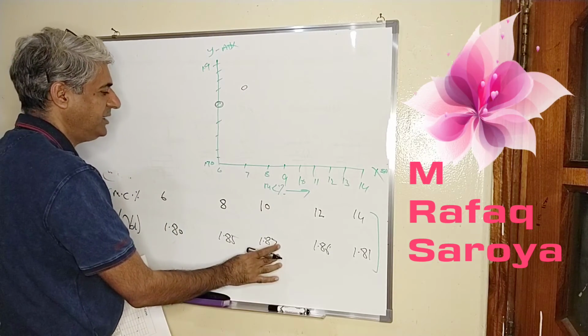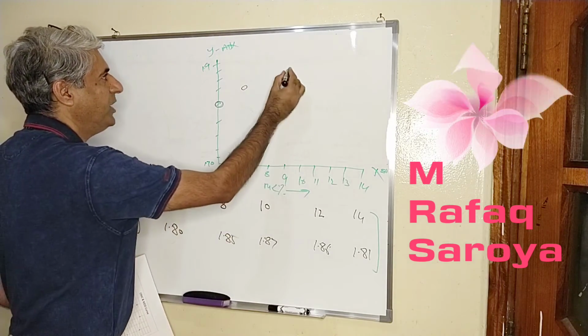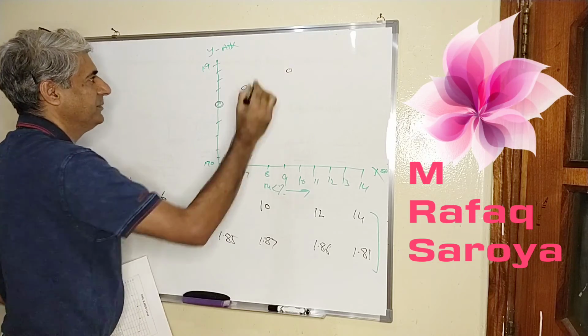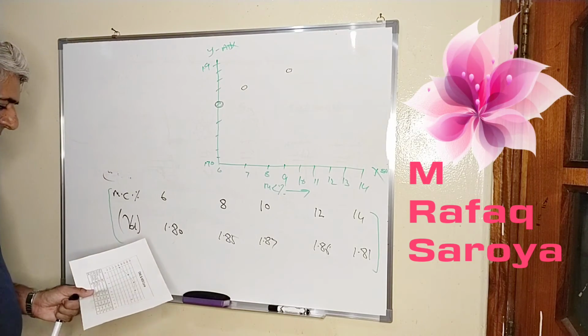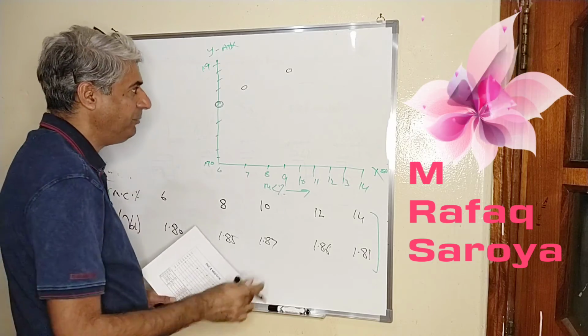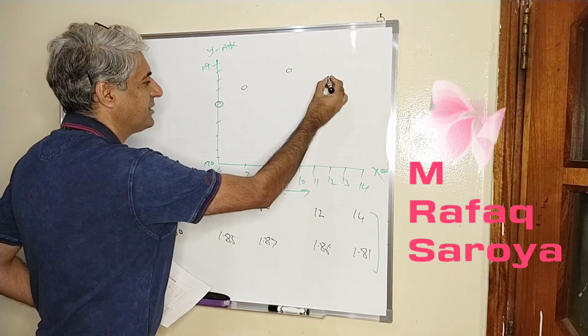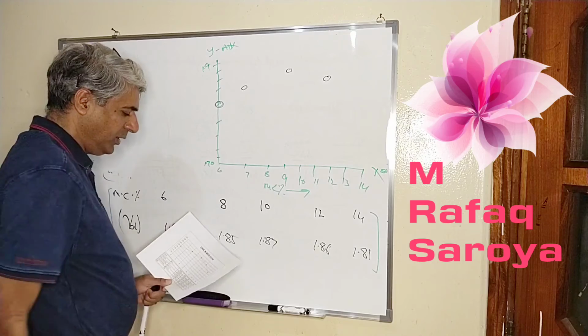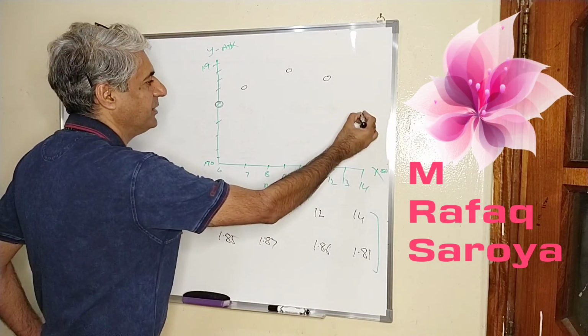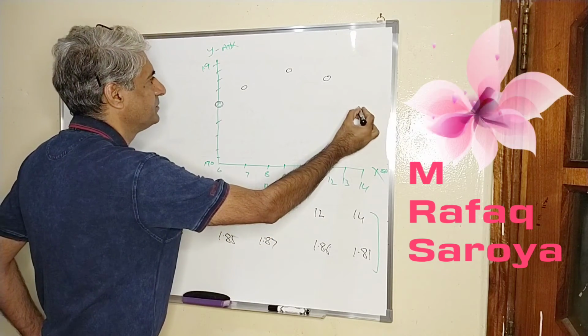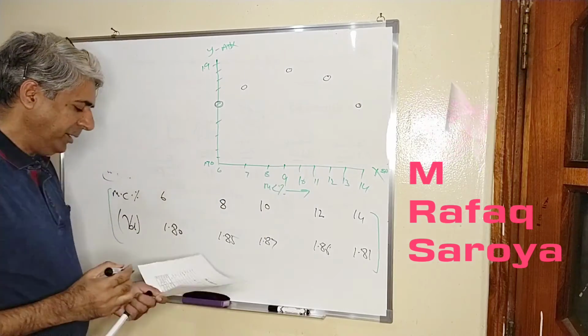When the moisture content is 10%, your density is at this point, 1.87. When the moisture content is 12%, it's 1.86. When your moisture content is 14%, it's 1.81. Let me join these values.